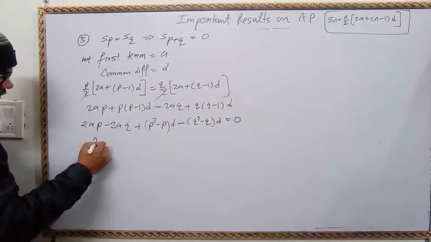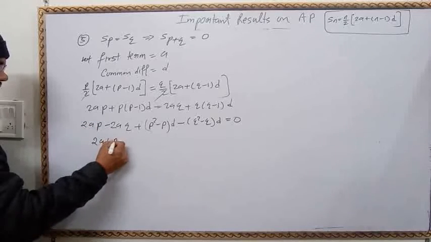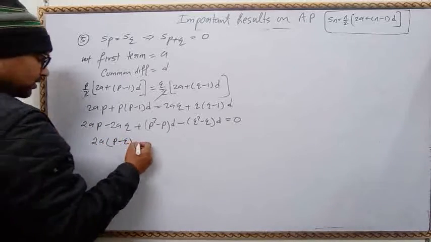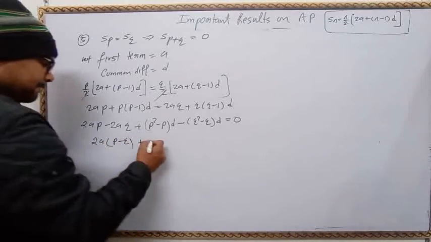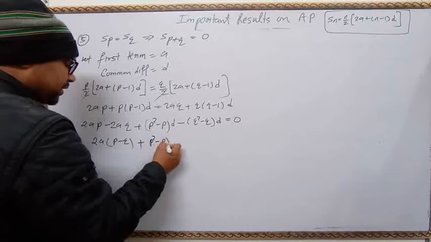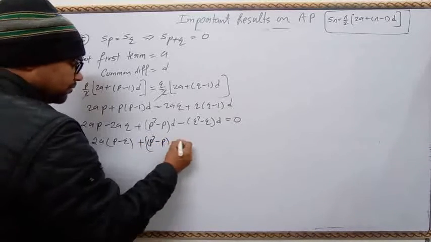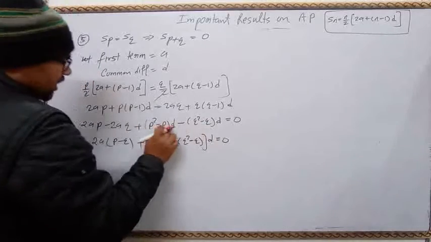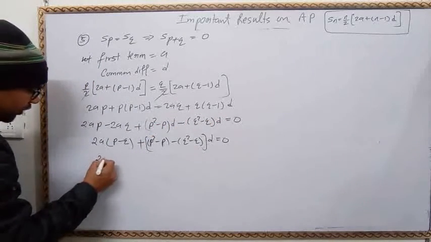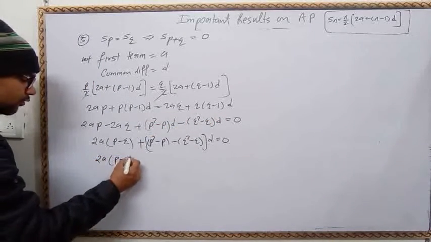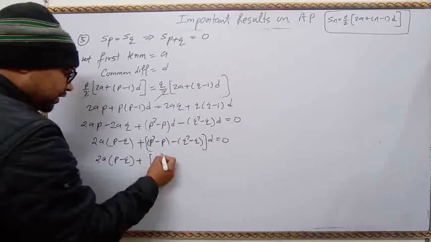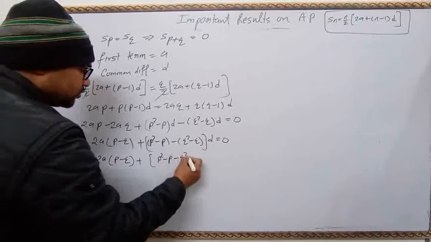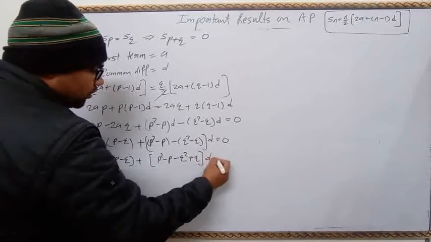What is common? 2a(p−q) plus (p² − p) minus (q² − q), d is common, equal to 0. What is common? d is common. So 2a(p−q) + (p² − p − q² + q)d = 0.